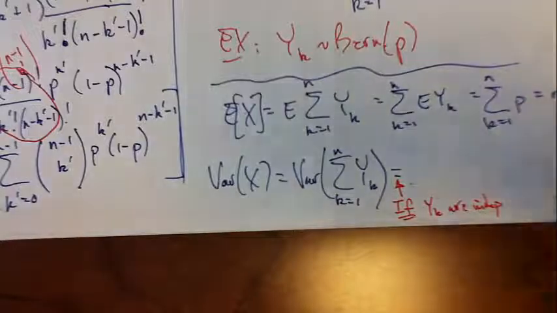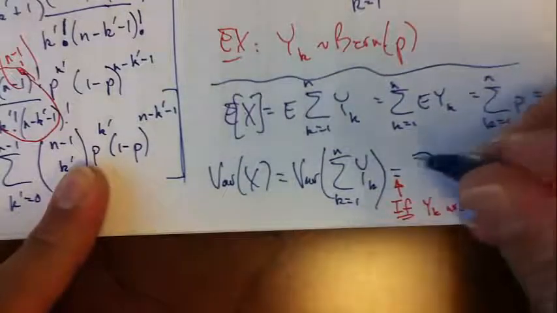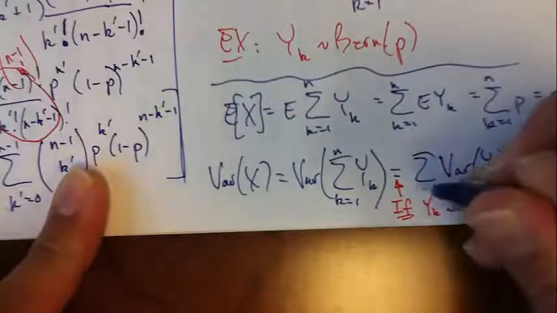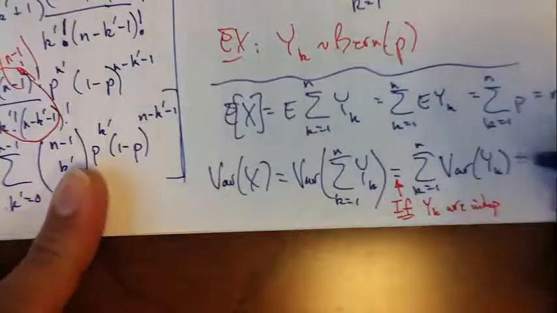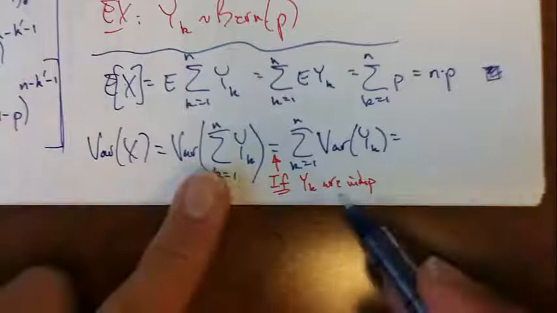If these are independent, then the variance of the sum is the sum of the variances. It's not true in general, okay? Not true in general. We'll talk about that later. Haven't gotten to this step, but I'm going to do it anyway.